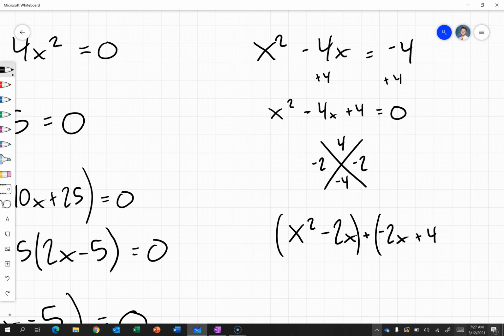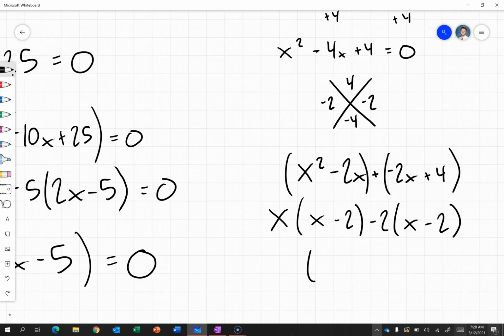Now we group them, and we can factor. So this becomes x minus 2, and we can factor out a negative 2 here. So we get x minus 2 times x minus 2 equals 0.